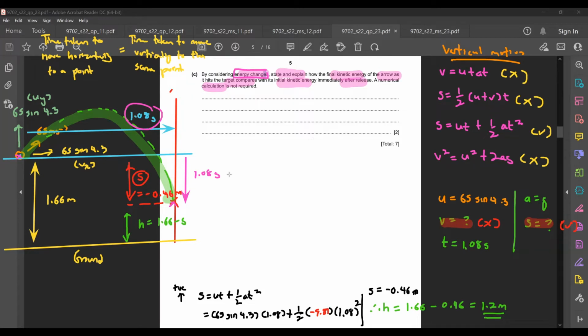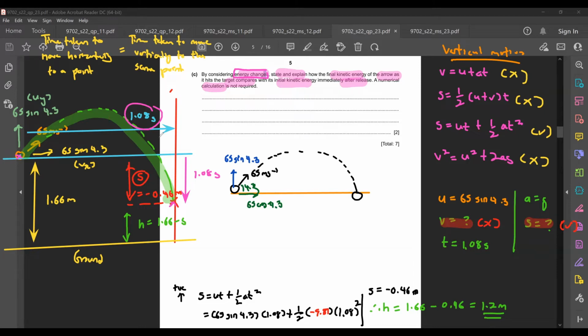If you somehow projected your object with a certain speed, let's just say this one is 65 meters per second, then this one is 65 cos 4.3 and this one is 65 sin 4.3. We know that your object will travel like this in a parabolic curve.